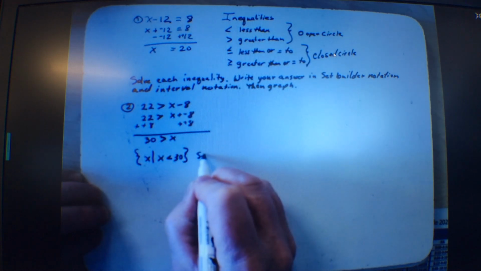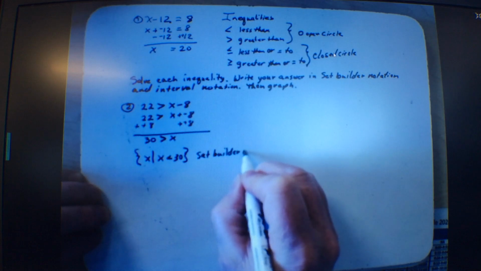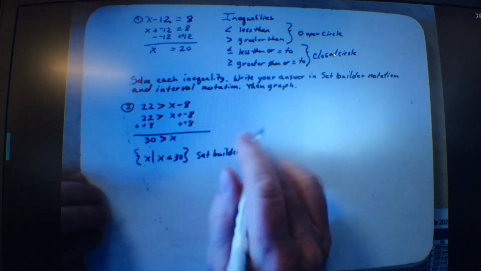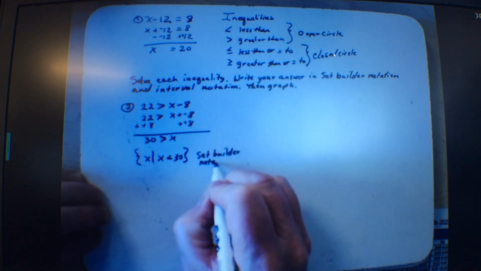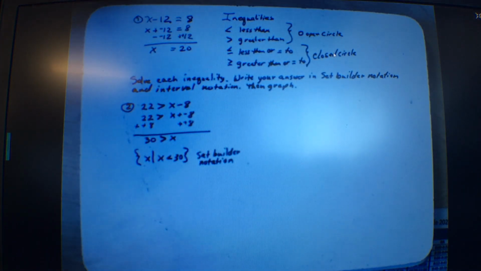This is called set builder notation. Allie, do you have any questions about that? All of your answers are to be written in this form, okay? With x on the left side. So we read it left to right. Do we understand that? Okay.